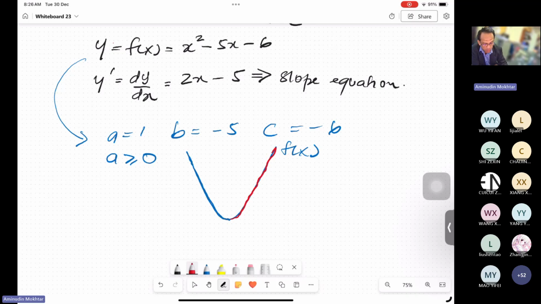Now we would like to identify where the function is decreasing. What is the value of x? There must be a borderline, a turning point here.